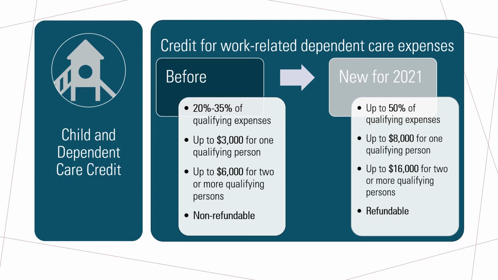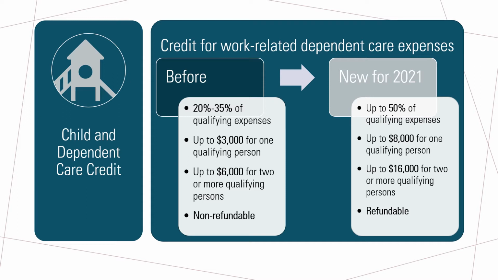So to kind of get us started, let's talk about how the child and dependent care credit originally worked. So you would be able to receive as a credit towards the tax due an amount of 20 to 35% of what a taxpayer might have paid in qualifying expenses for dependent care.